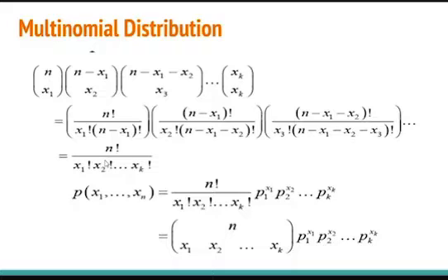I'm selecting x1 from n. Look at the second one. If I want to select x2, do I have my complete n? No. I have to tell the world that I've already taken x1. That's why you see n minus x1. If I now want to select x3, I'm no longer selecting x3 from n, but I'm selecting x3 from n minus x1 minus x2. Does that make sense? Now that goes all the way, and in the end we have that. So I'm just trying to tell you how we are able to get that in place.